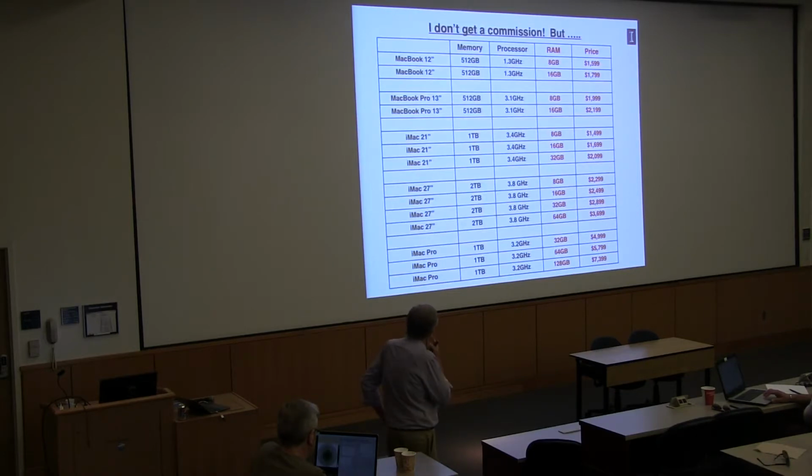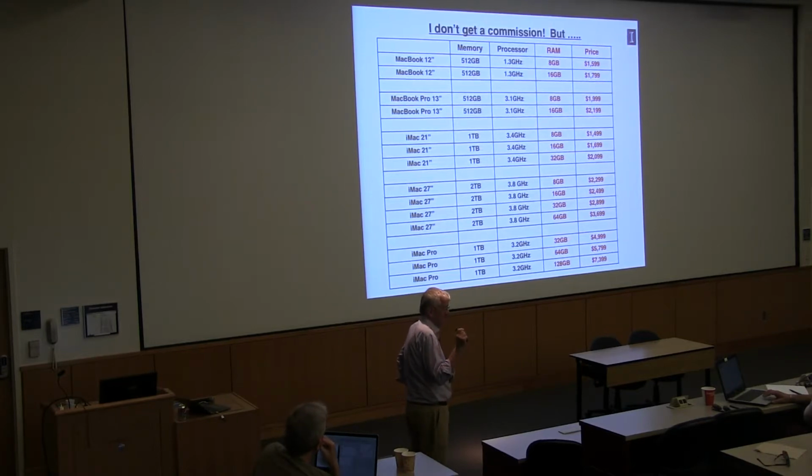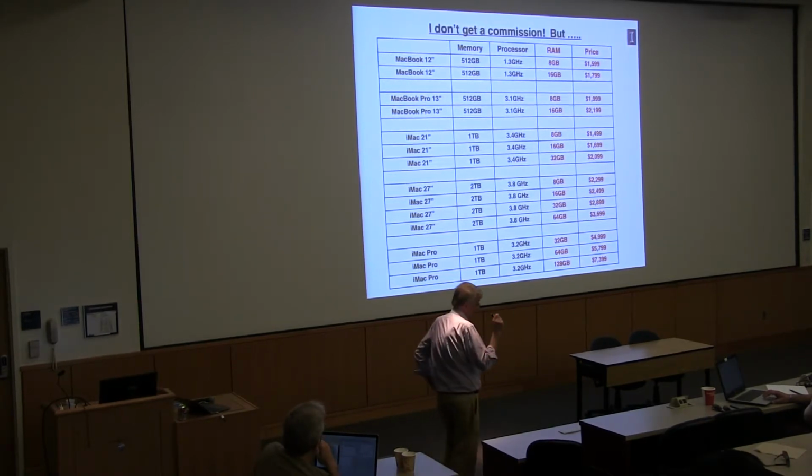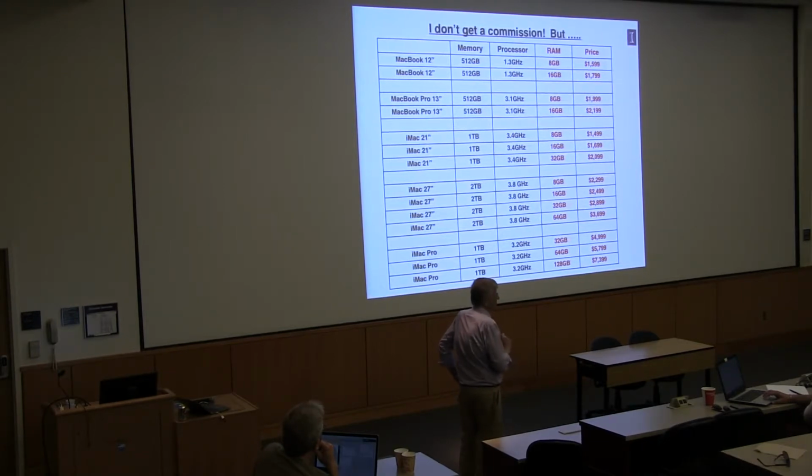I don't get anything from Apple, but here's a price list. If you're really going to get interested, you ought to get your PI to buy one of these machines that has 64 gigabytes or so, so that you can do some big things on it, all right? Do some high resolution networks. They're really not that expensive, and not everybody needs one. I have 2, but not everybody needs one, all right?